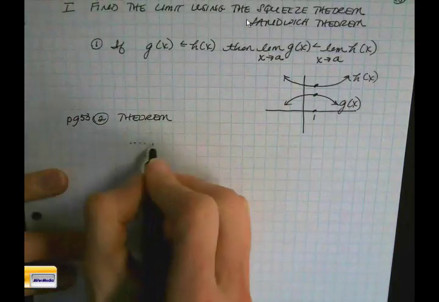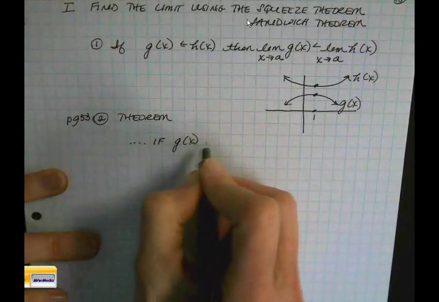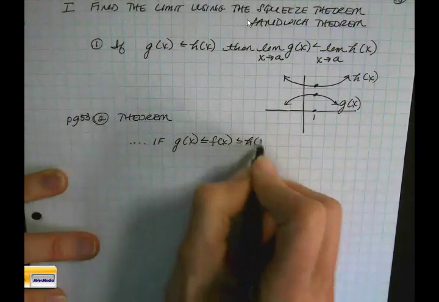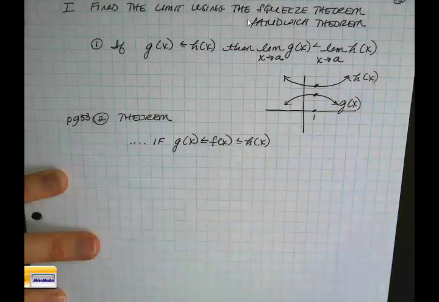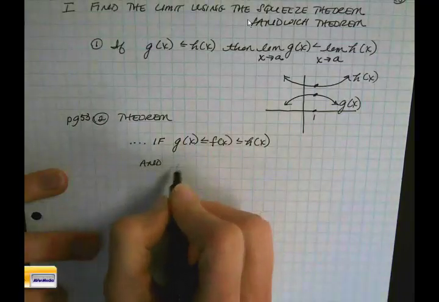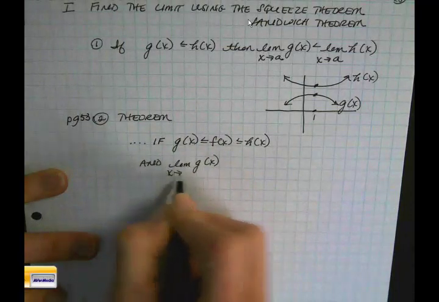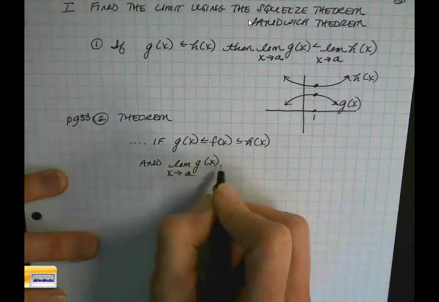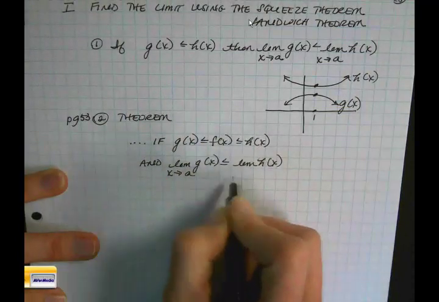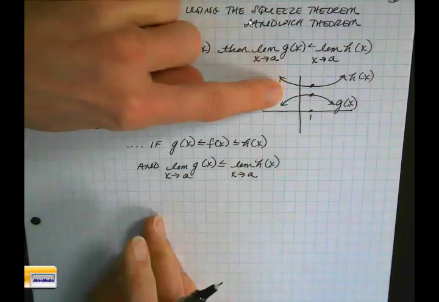It'll say if g of x is less than or equal to f of x, which is less than or equal to h of x, and the limit of g of x as x approaches some number a is less than or equal to the limit of h of x as x approaches some a, kind of like this up here.